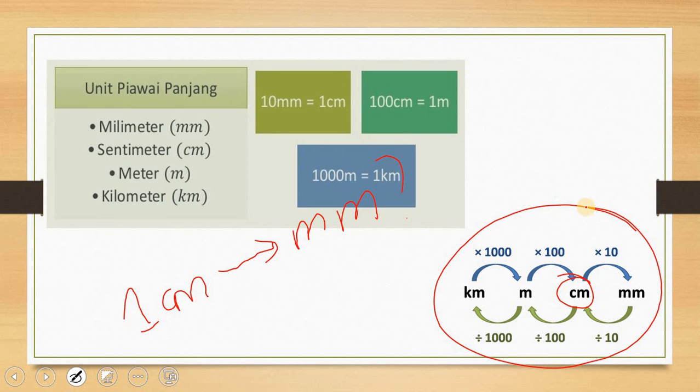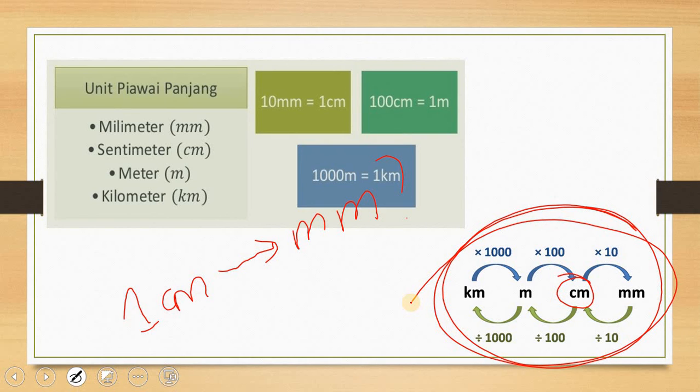Because you're not only using it for answering nanti masa UPSR, okay, but also even though you are just primary 4, tapi you will use it in the big exam, okay, important exam such as UPSR, but also you're gonna use it when you're in the form, okay, masa kamu in secondary school, masa kamu tingkatan pun kamu guna, so you always have to remember benda ni, okay.